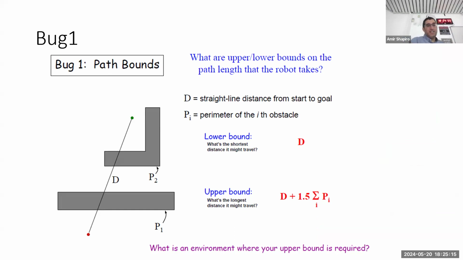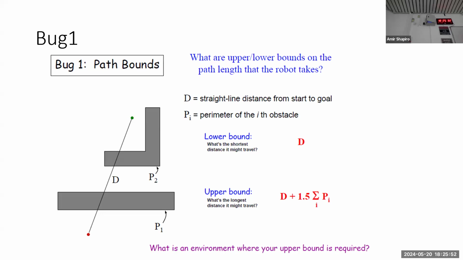So let's discuss the upper and lower bound of the length of the path that we have here. This is kind of a complexity analysis, but it's not actually computational complexity, it is the length kind of complexity. If there are no obstacles, the shortest path is the direct line from start to target.